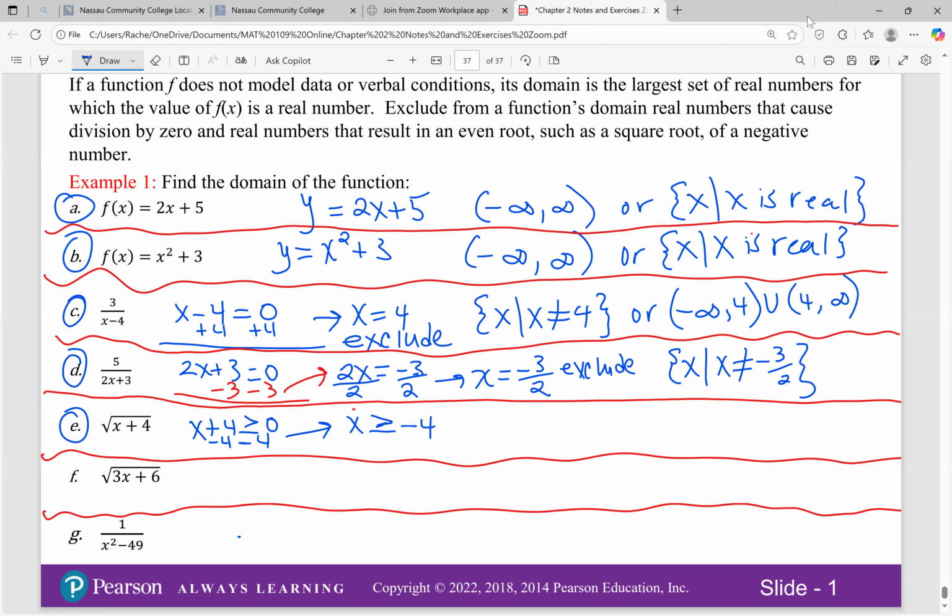So my domain is going to be all values of x such that x is greater than or equal to -4. Or in interval notation, we could say that x goes from -4 to infinity.